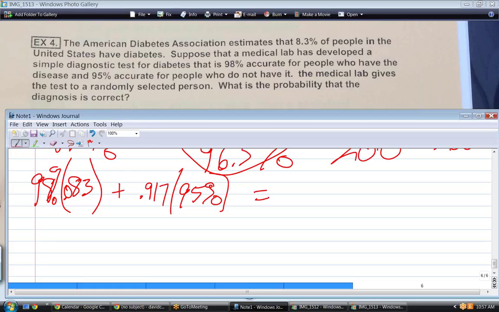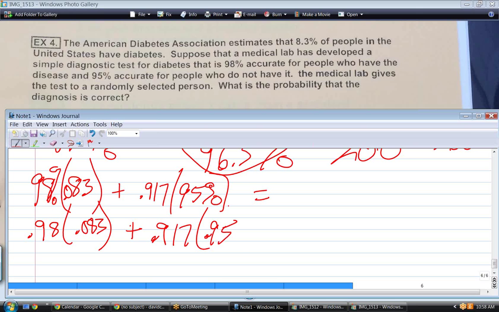Alrighty. I got 168.45. I multiplied 0.98 times 0.083, and added that to 0.917 times 0.95.